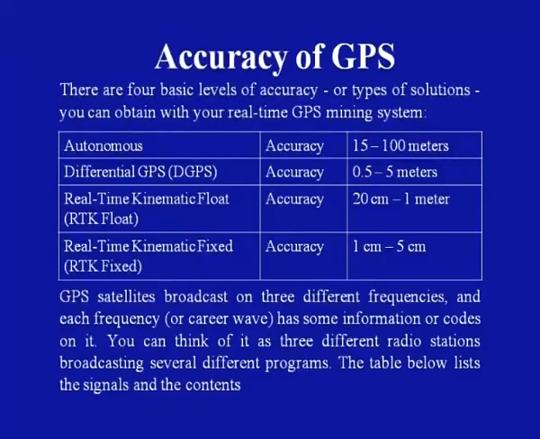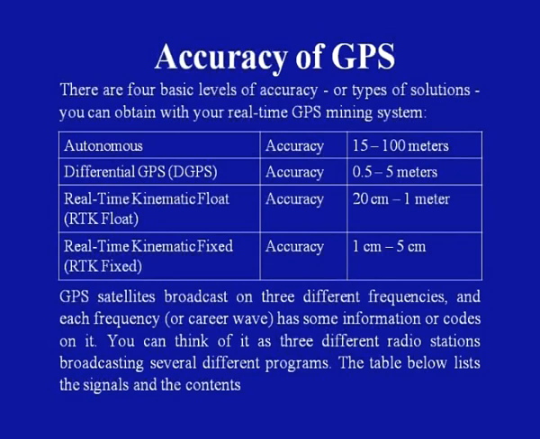I come to the end of the different types of GPS positioning methods which are there. Before I finish this lecture, it would be prudent to record what accuracies we can achieve with the different types of GPS methods. So, let us look at the accuracies which can be achieved.